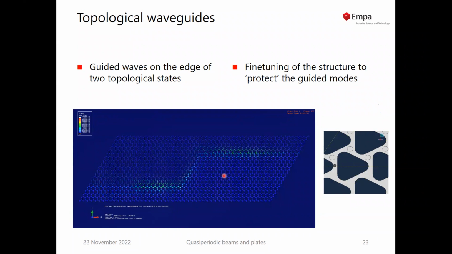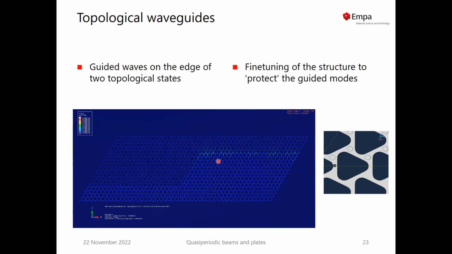And due to the topology of the top and the bottom halves, you can guide wave energy, in this case bending wave energy, but at fairly high frequencies, along this boundary. And the nice thing is without any scattering. So at these sharp corners here, none of the energy leaks into the bulk of the plane, but the energy really sticks to this interface.